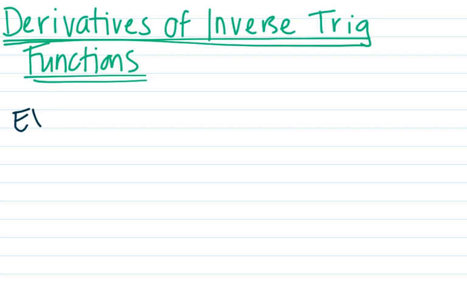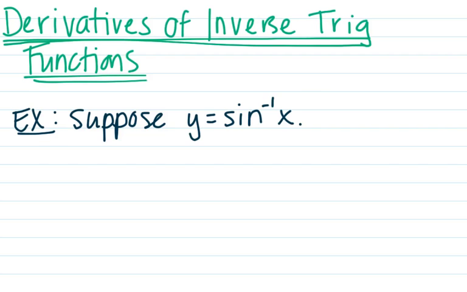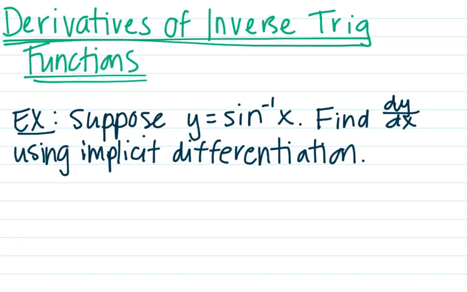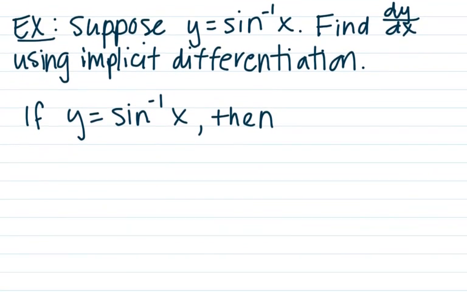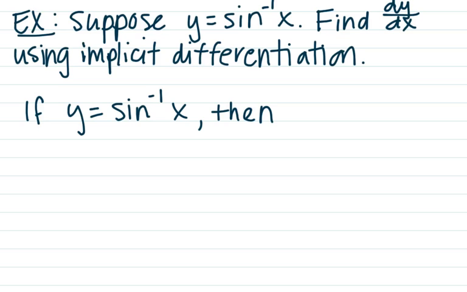Alright, so for our first example, we're going to look at the most basic. So suppose y equals inverse sine of x. Find the derivative of y with respect to x using implicit differentiation. So if y equals the inverse sine of x, then we can simply take the sine of both sides to undo that inverse.